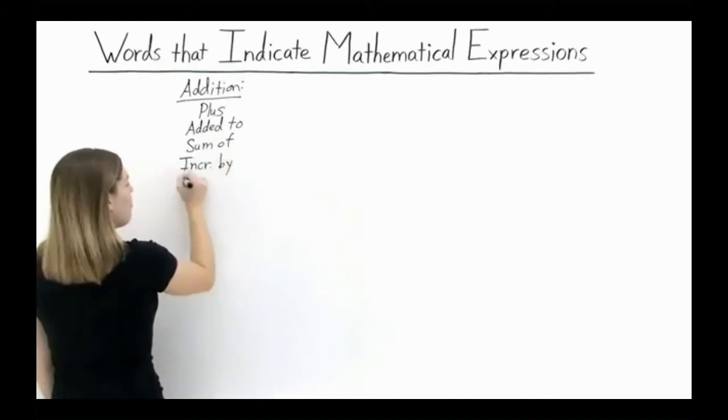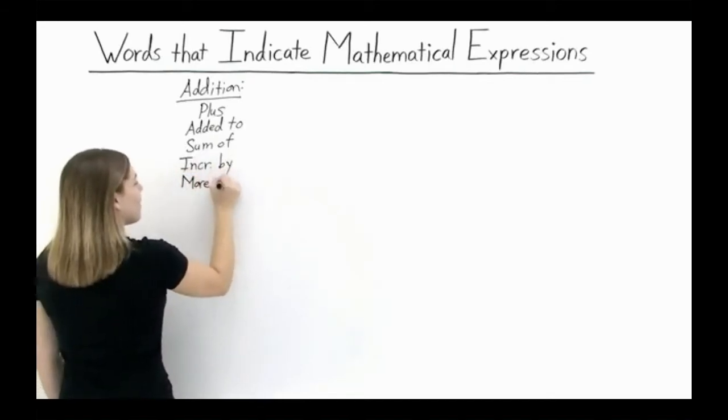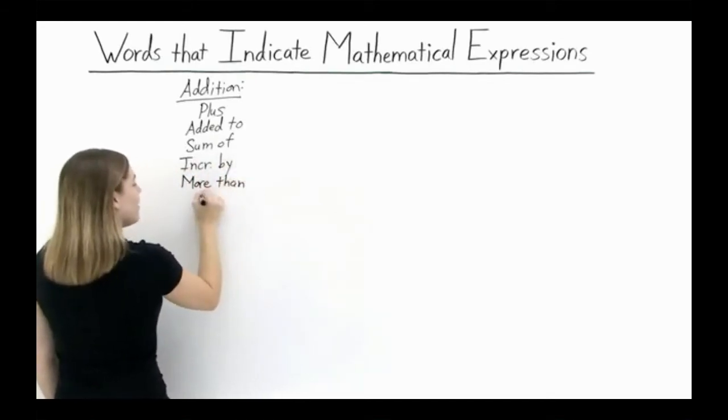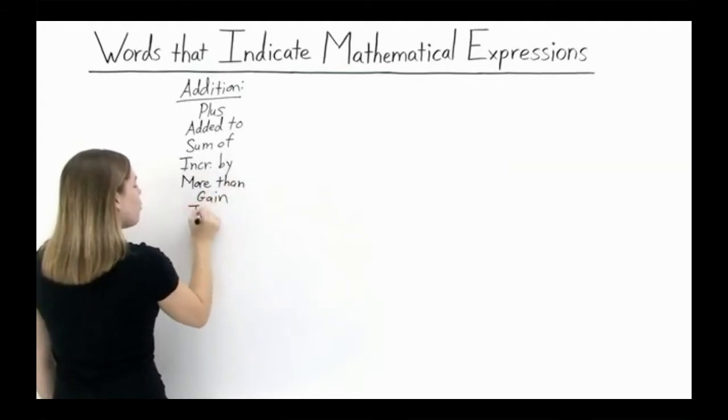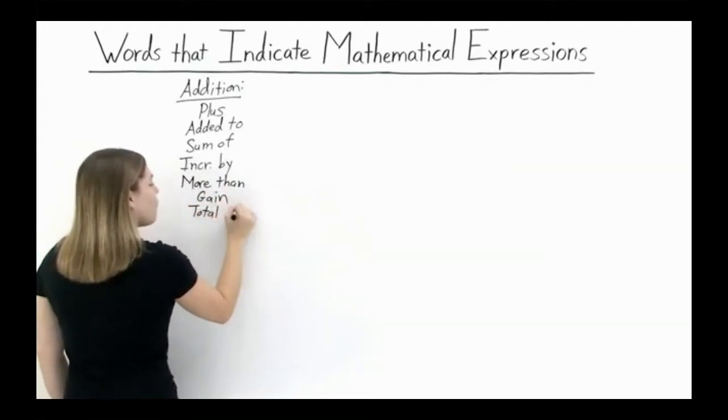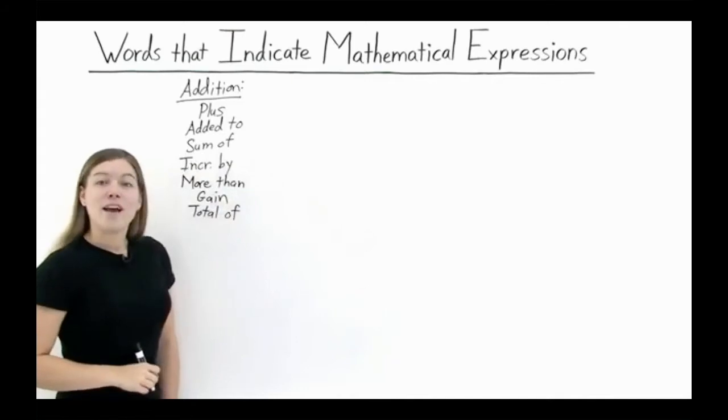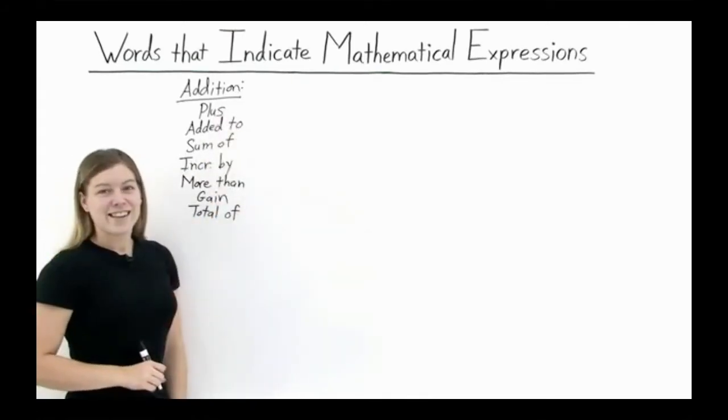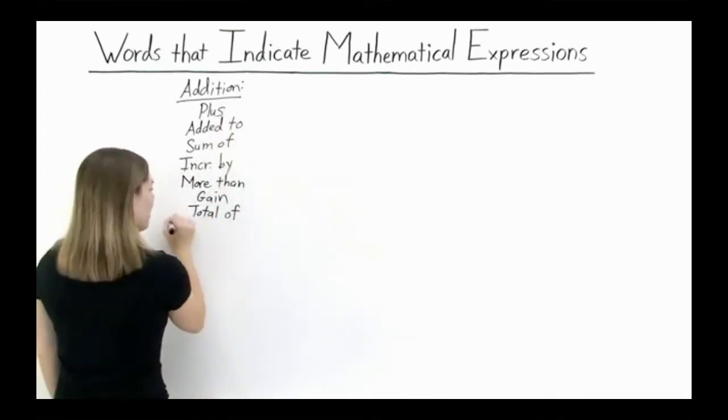Then we also have more than, gain, and the total of. If we see any of these words in our problem, that means that we need to add. Now let's look at subtraction.